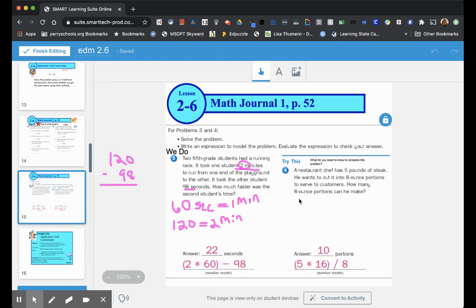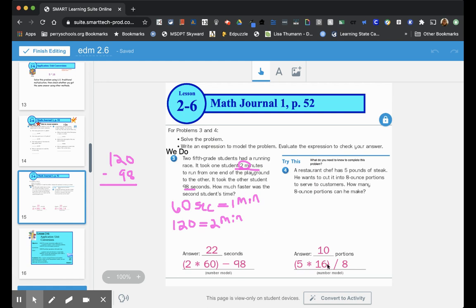Number 4, while we're here, this was a try this. A restaurant chef has 5 pounds of steak. He wants to cut it into 8-ounce portions to serve the customers. How many 8-ounce portions can he make? He can make 10, because you would take 5 times 16 ounces, because 1 pound is 16 ounces.